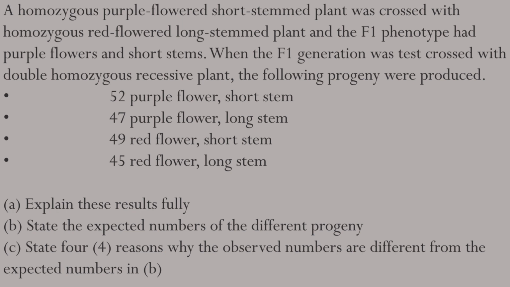Questions: A. Explain the results fully. B. State the expected numbers of the different types of the progeny. C. State 4 reasons why the observed numbers are different from the expected numbers in question B.